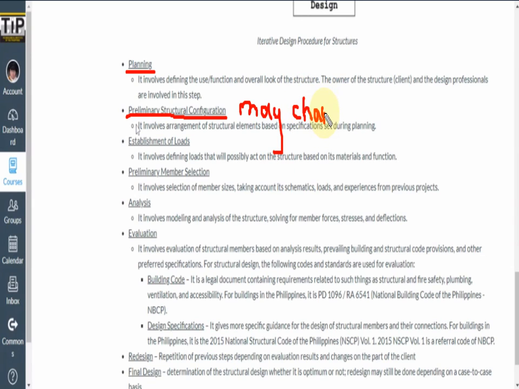So how do you do this? You arrange the elements. For example, I put a column here, or I put a beam here, etc.